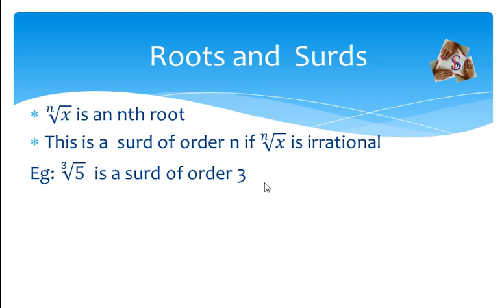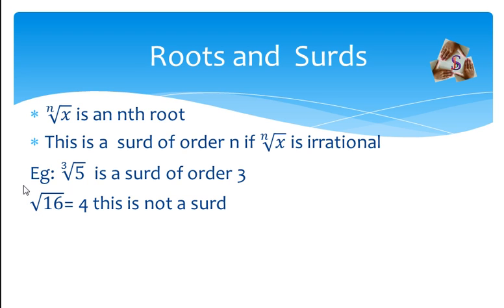Its value is approximately 1.70998. It keeps moving on. So therefore cube root of 5 is called as a surd. Now I take root 16. When I take root 16, its value is 4. So I get a perfect value.